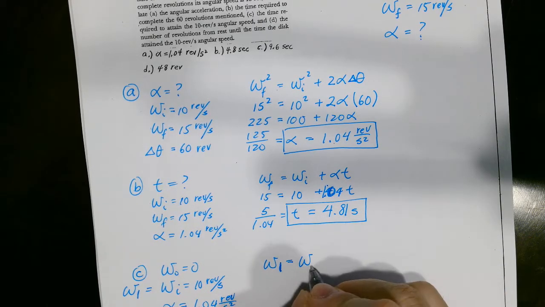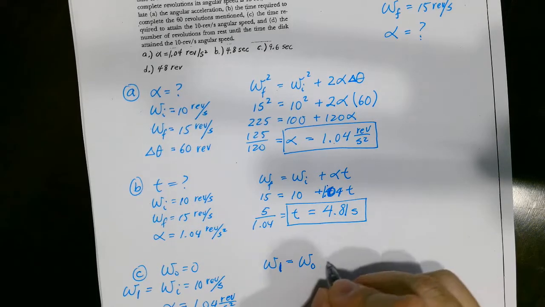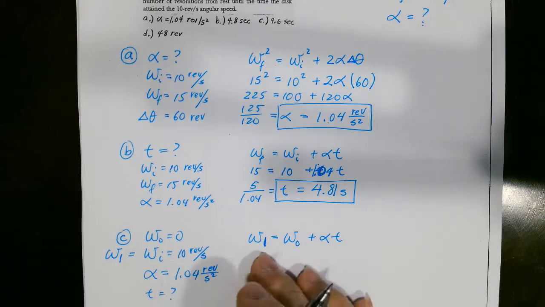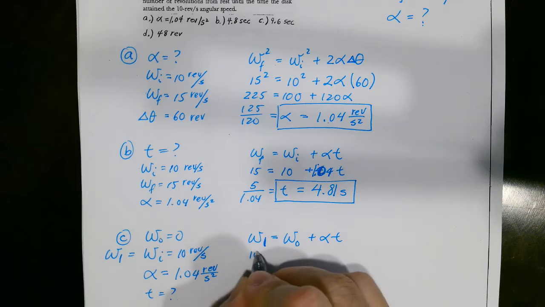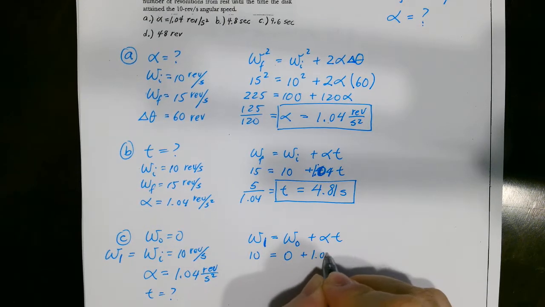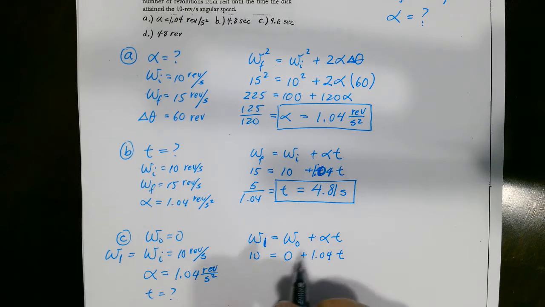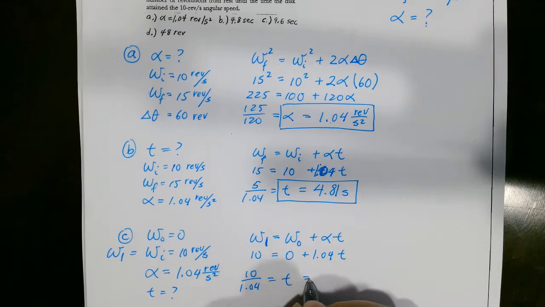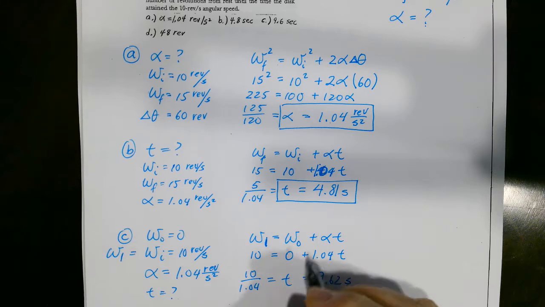Omega 1 equals omega naught plus alpha t. So we can use omega 1 is 10, omega naught 0, plus 1.04 times t. So the time is equal to 9.62 seconds.